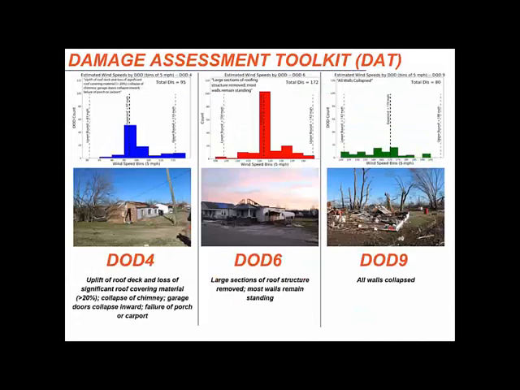Splitting the DODs up and looking at them individually, we of course, and unsurprisingly, found that most of the wind speeds assigned to particular DODs were given at the expected value. But we also did notice that for some of the lower DODs, particularly DOD 4 and 6 here, you can see in the left and center columns, there was a tendency to give a wind speed higher than the expected value for the lower DOD.